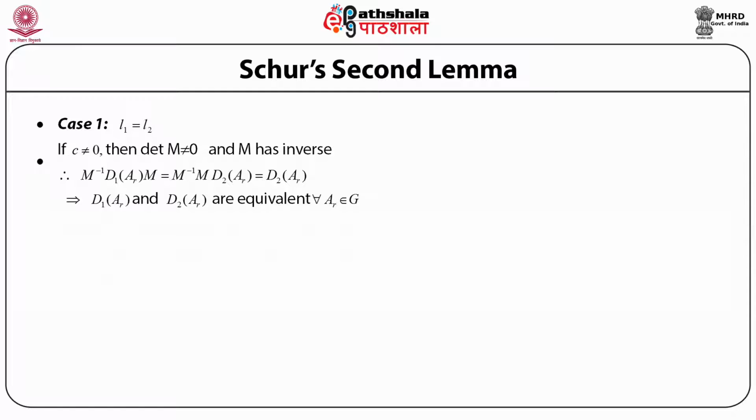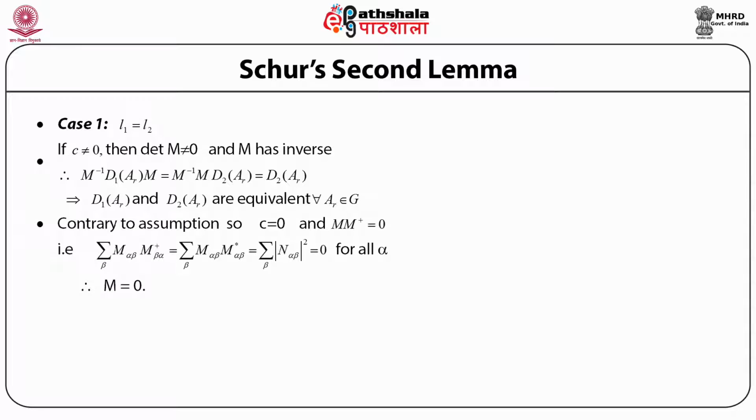Therefore, M inverse D1(AR) M is equal to D2(AR), which implies that D1(AR) and D2(AR) are equivalent for all elements AR belonging to G, because D2 can be obtained from D1 by a similarity transformation with the matrix M, which is contrary to the assumption.